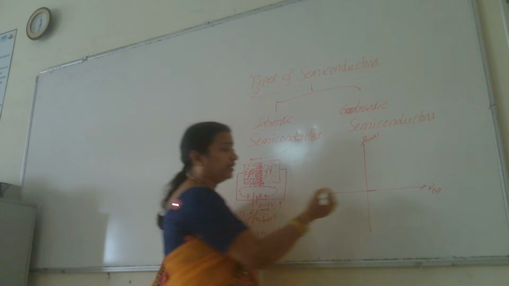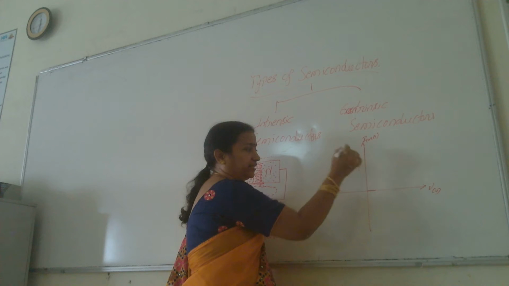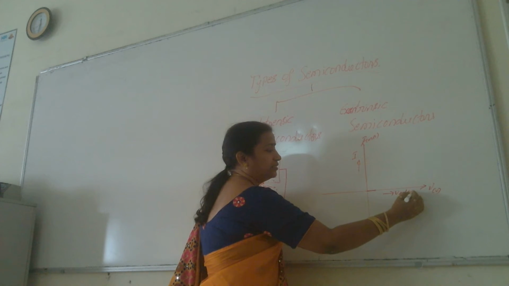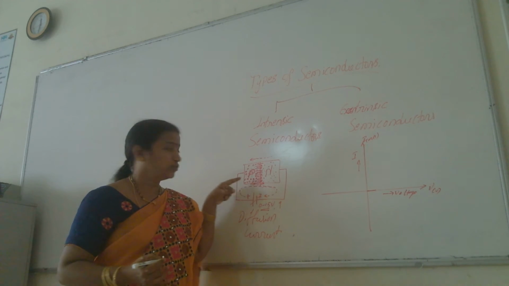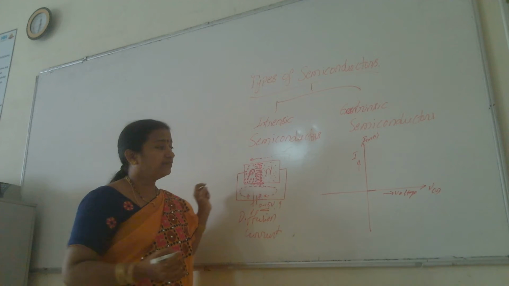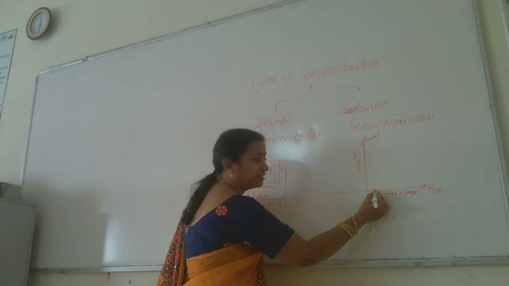Until we give some supply voltage, there is no chance to have any current. This is the current and this one is the voltage. Until we have a certain supply, there is no chance for the charge carriers to move from one region to the other region. Because of that, until we reach such a voltage, there is no chance to have any current; it is 0 only.